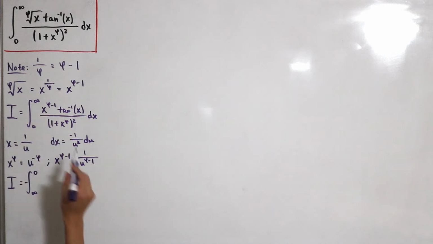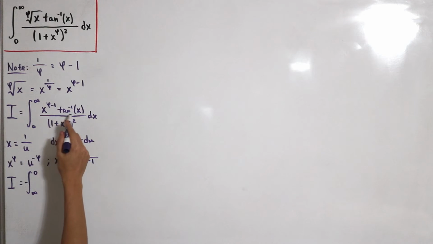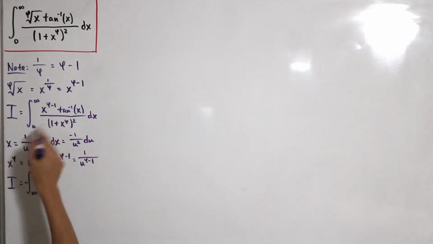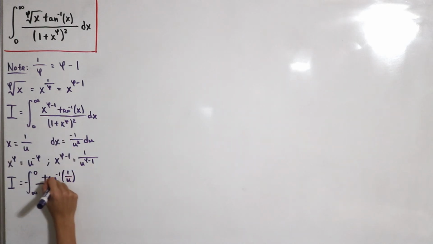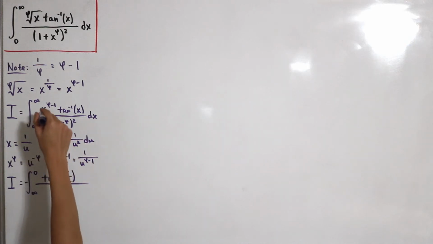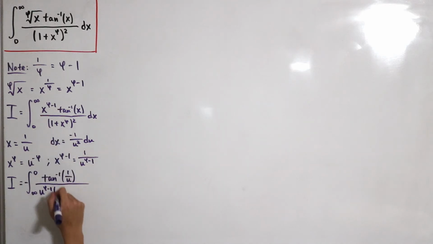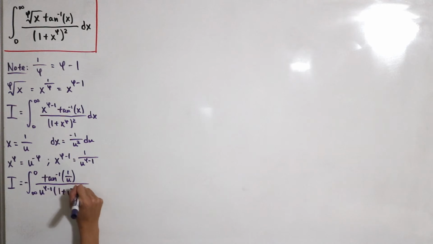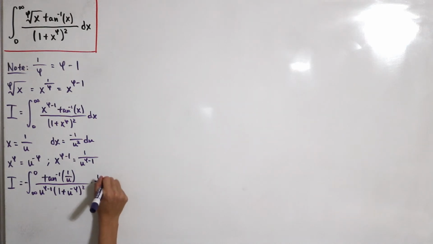The x to the power phi minus 1 becomes 1 over u to the power phi minus 1, which will come in the denominator portion. Then the inverse tangent of x becomes inverse tangent of 1 over u, divided by (1 plus u to the negative phi) squared, and then multiplied by 1 over u squared, du.